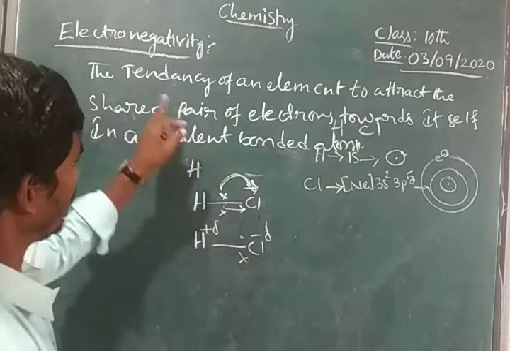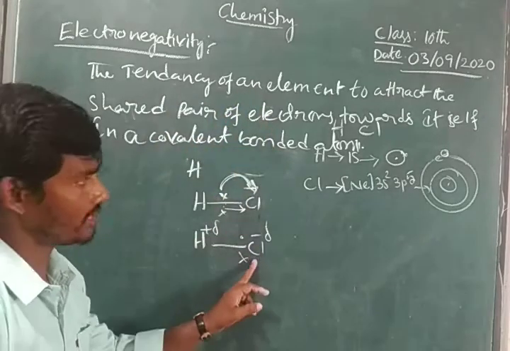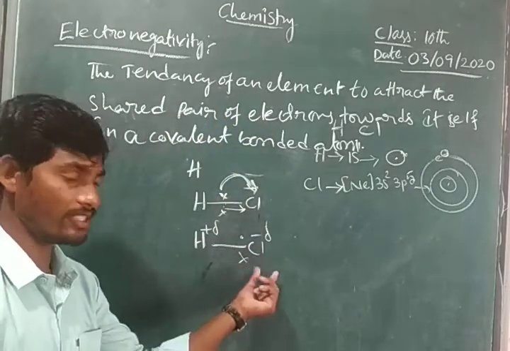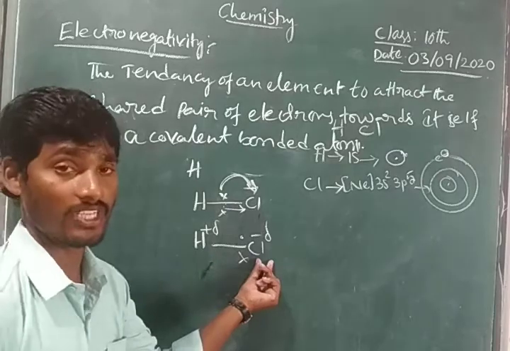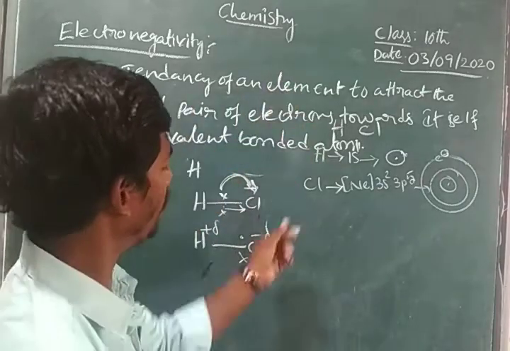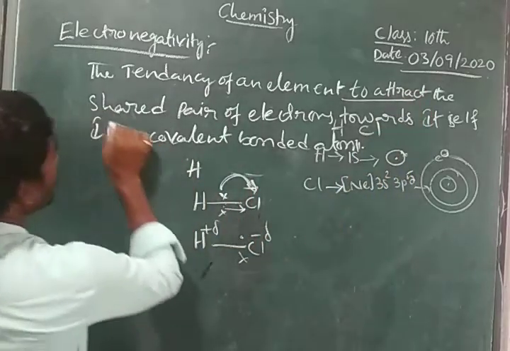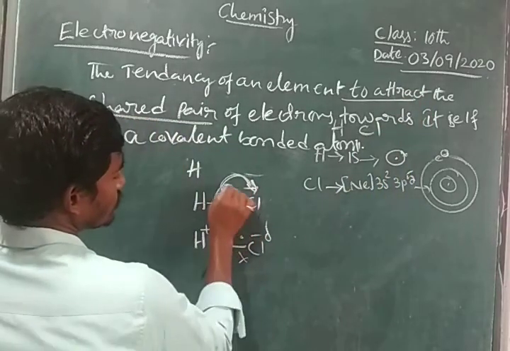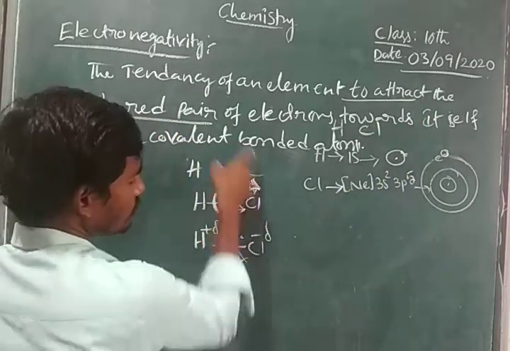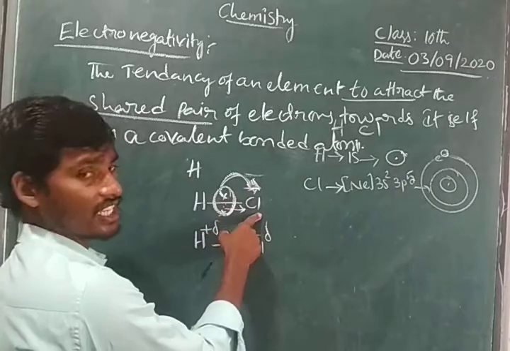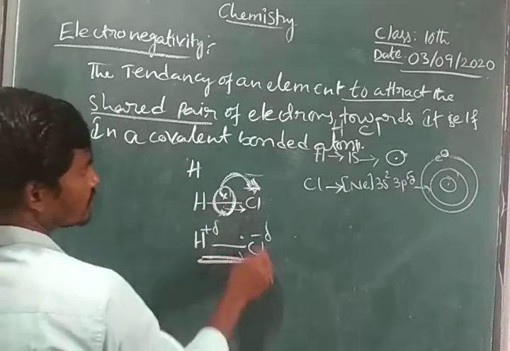See children, the tendency of an element. These are two different elements. Tendency means nature. The tendency of an element to attract the shared pair of electrons towards itself; this we have to consider as a covalent bond.